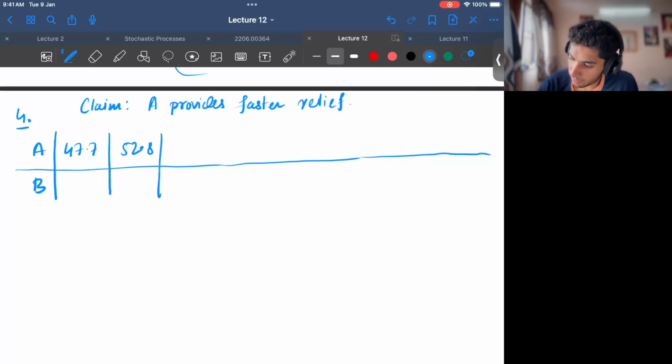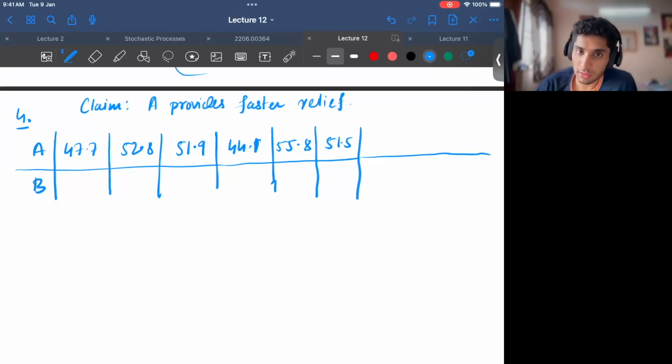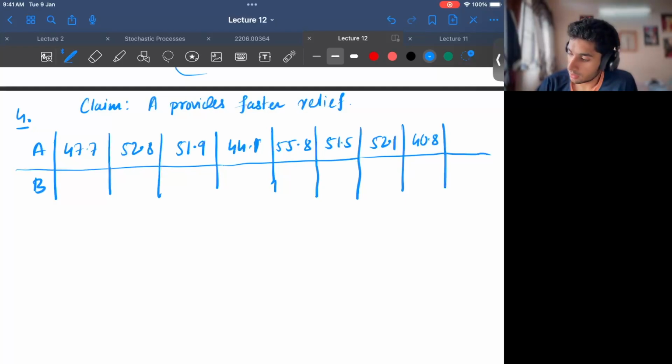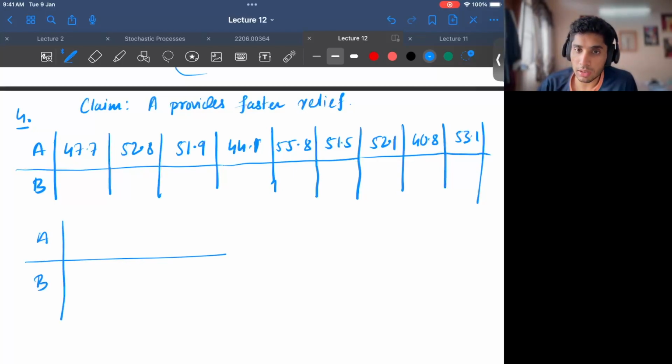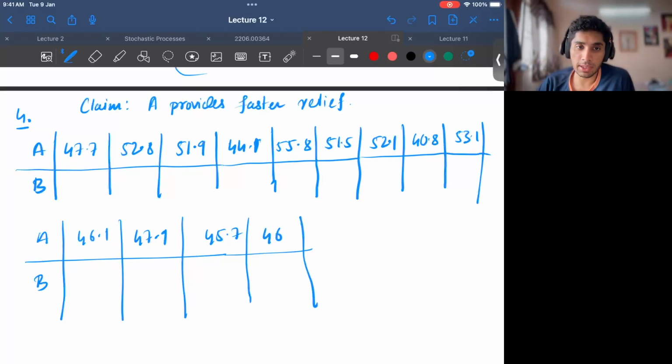First is 47.7, second is 52.8, third is 51.9, 44.1, 55.8, 51.5, 52.1, 40.8, 53.1, 46.1, 47.9, 45.7, 46. These are the relief times observed for brand A.